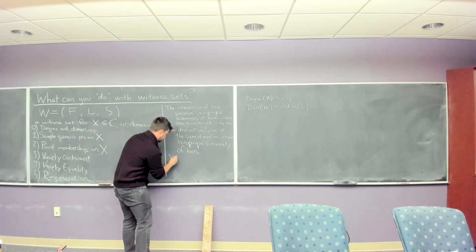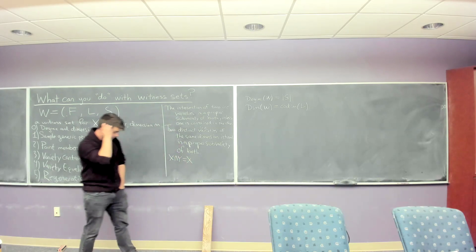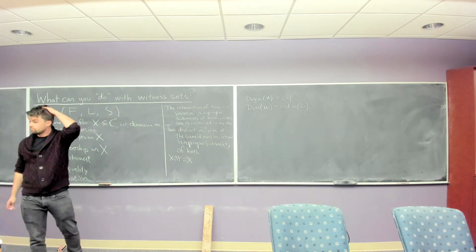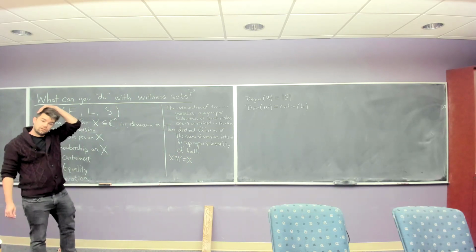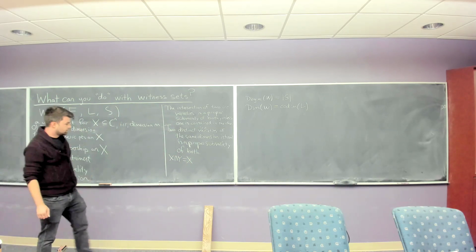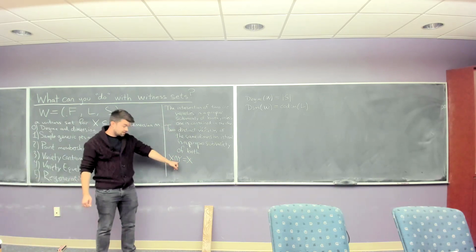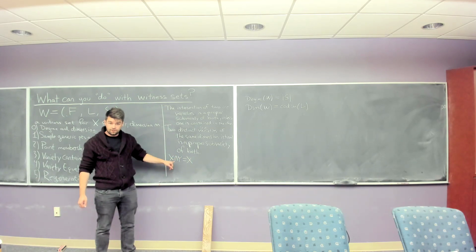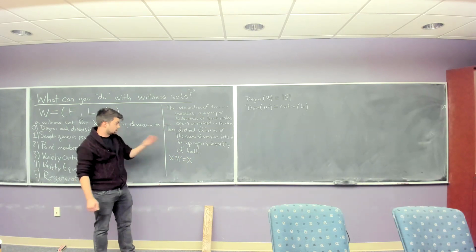So if we intersect and we get X, for example, then we'll know that Y contains X, which means X is a subvariety of Y. But the only m-dimensional subvariety of an m-dimensional variety is itself. So that would contradict them being distinct.